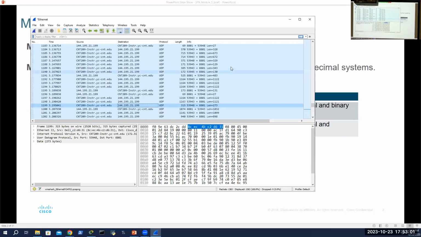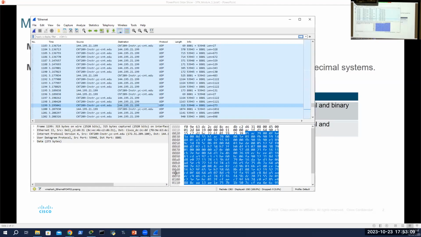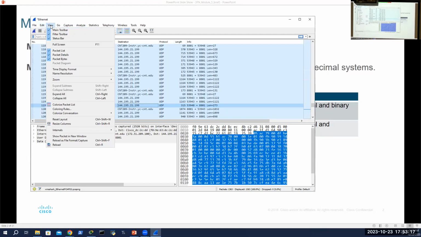Should never bring up something to demo until I've run it myself. So I'm trying to figure out what has changed here. I will maybe look at that later. Let's see if there's a quick view option.